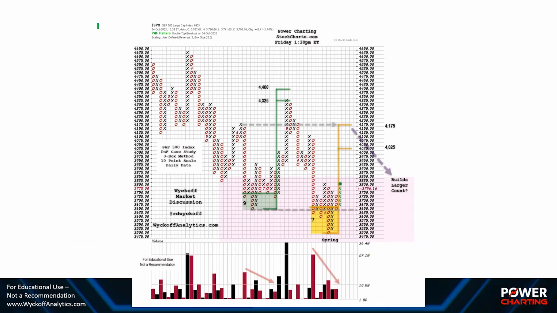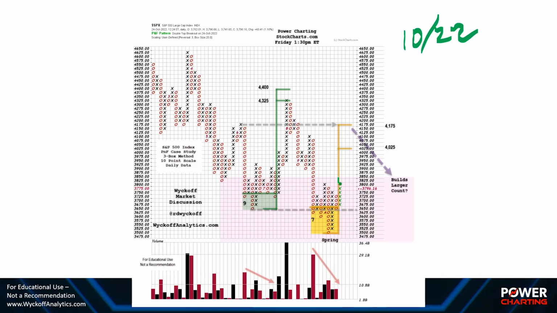Another oldie but goodie here is to talk about, and this chart was created in October of 22, and this chart is incomplete.